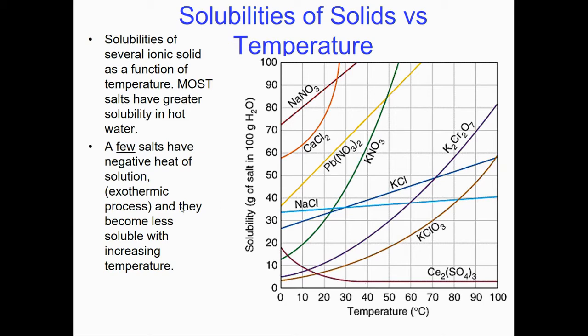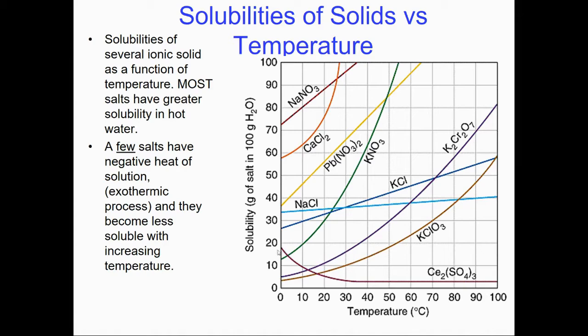There's a few salts that have a negative heat of solution. This is an exothermic process, and they become less soluble with increasing temperature. But you can read that off of the solubility table. This guy, as your temperature increases, your solubility decreases.